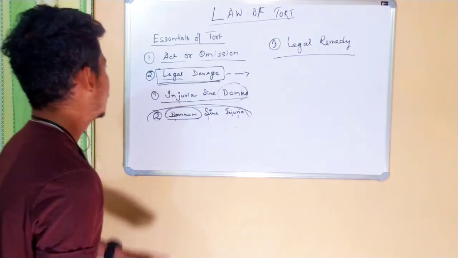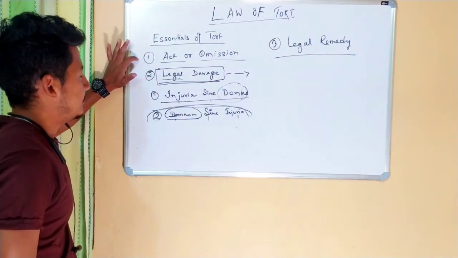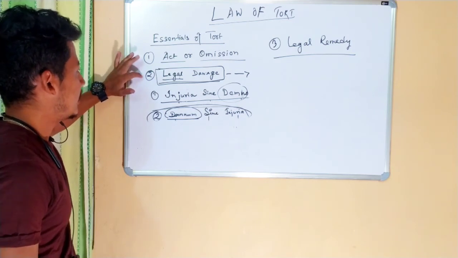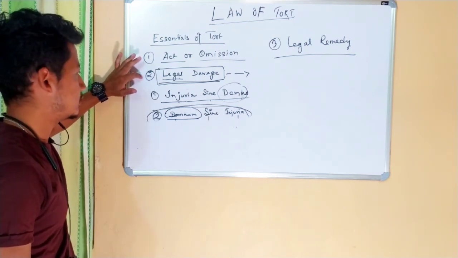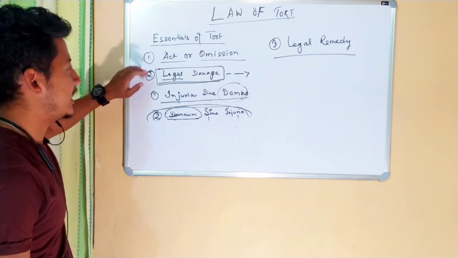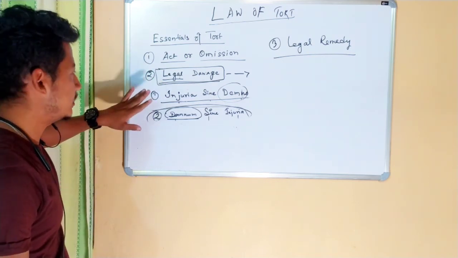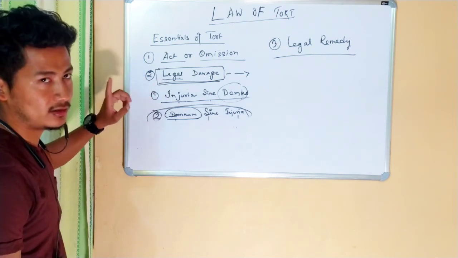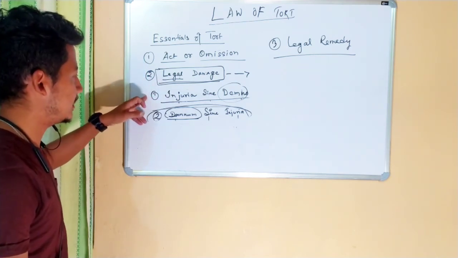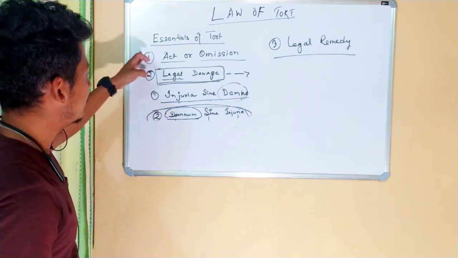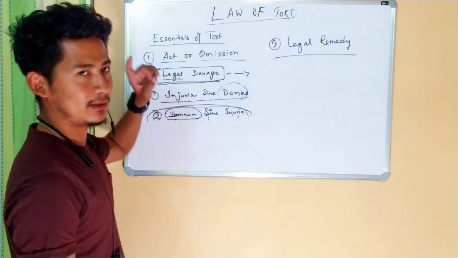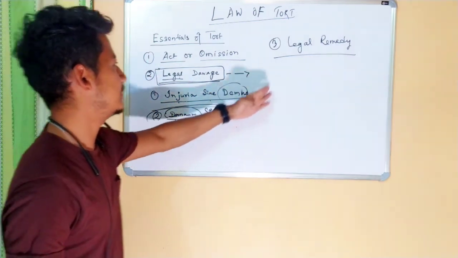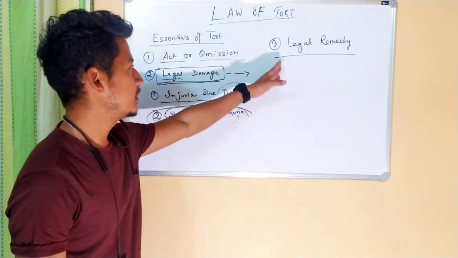When a person commits an act or omission which is harmful, and that harm is caused to the plaintiff, and that harm is legal damage. The damage suffered by the plaintiff is legal damage, and in order to identify whether damage is legal or not, we have two maxims: injuria sine damno and damnum sine injuria. When the person suffers damage, and the damage is legal damage, that is injuria sine damno, after that the person will have the right to a legal remedy.